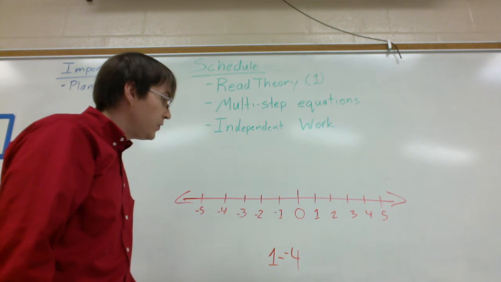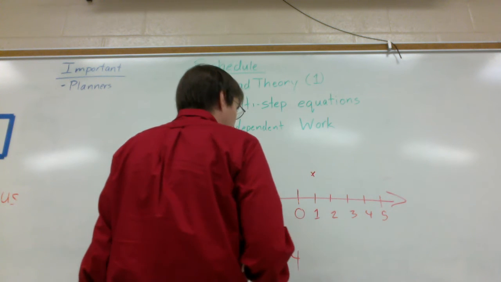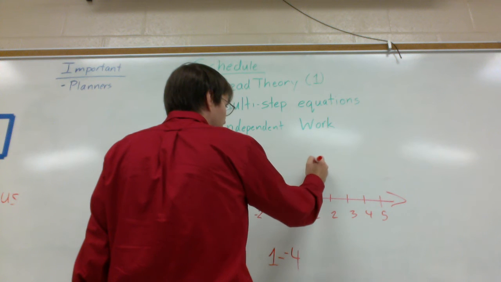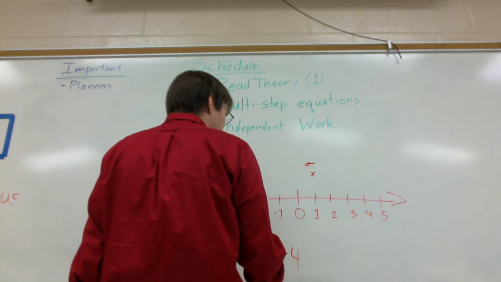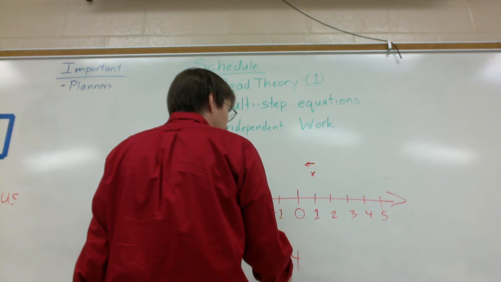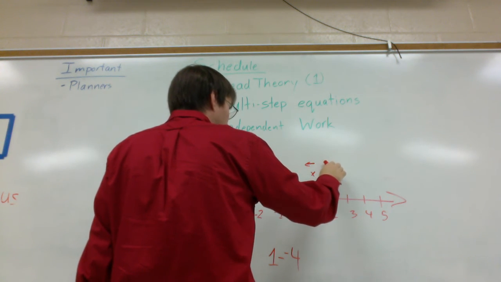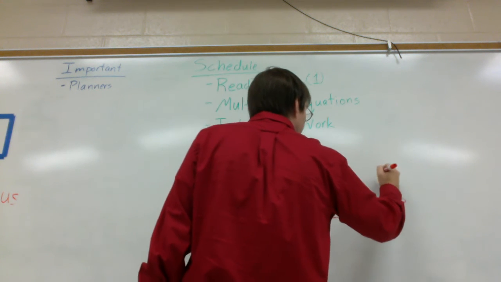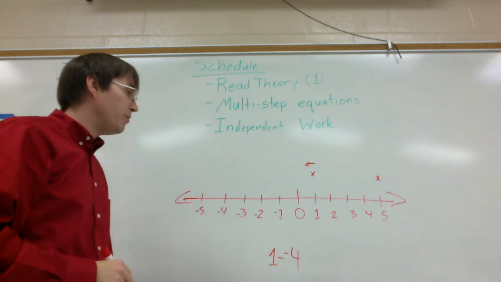If you said that you would go ahead and mark an x over the 1, because it's a minus, you look to the left, and because it's a negative number, you move in the opposite direction of the arrow, and you go 1, 2, 3, 4, and you get a positive 5, you would be correct.